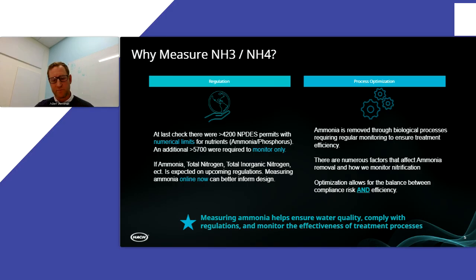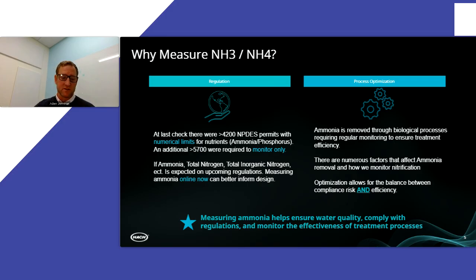Those are on all permits, pH, things like that. But as we move into nutrients and we're having to measure and treat biologically things like phosphorus and nitrogen species, things get a little bit more complicated, and it gets a little more important for us to be seeing what's happening throughout a 24-hour period and then seasonally and things like that.